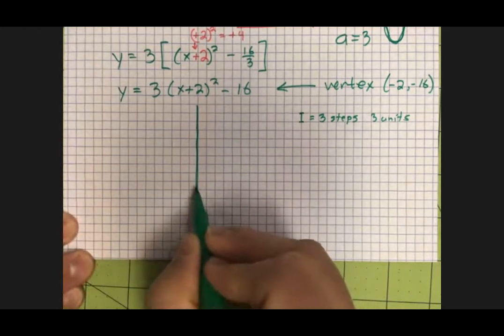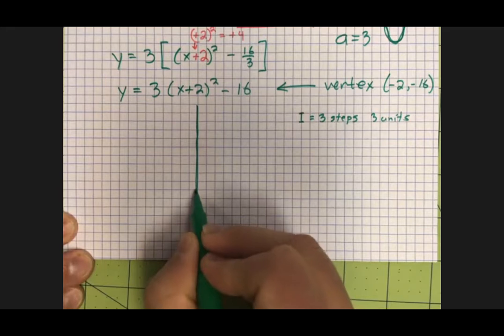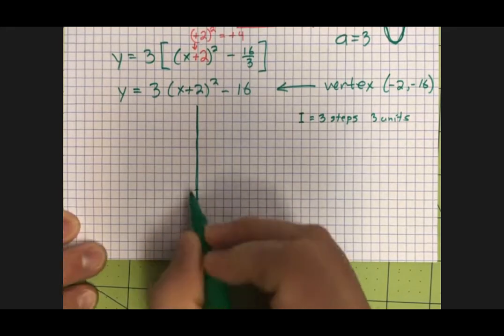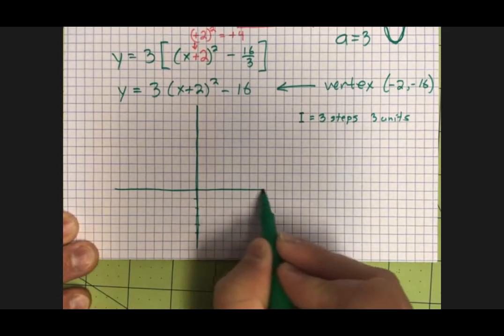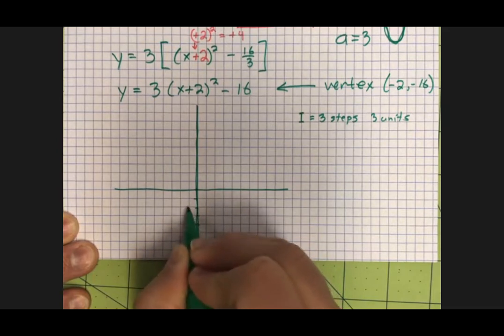So let's call this 1, 2, 3, 4, 5. Plan ahead. Good. So every box is worth 3. So let's call this 3, 6, 9, 12.